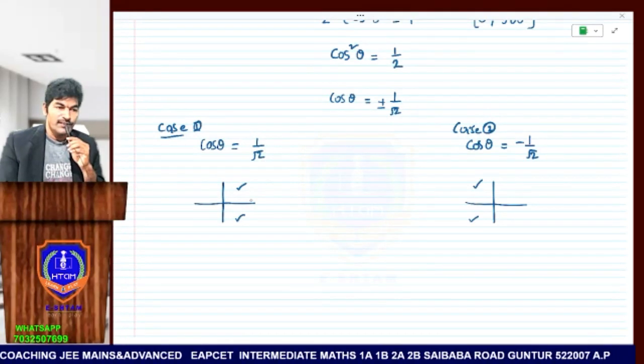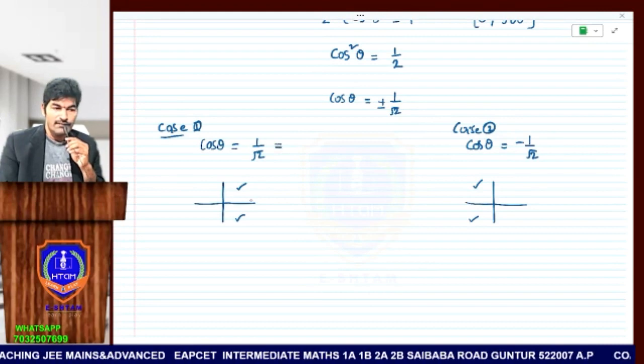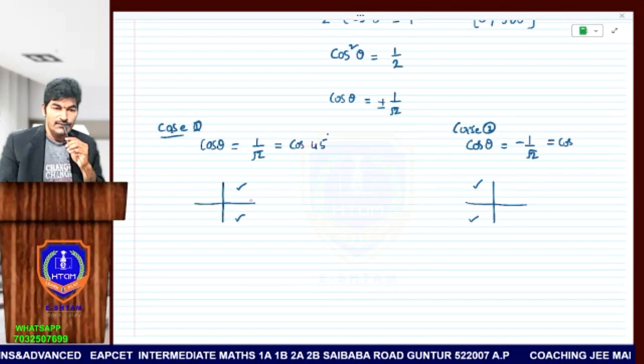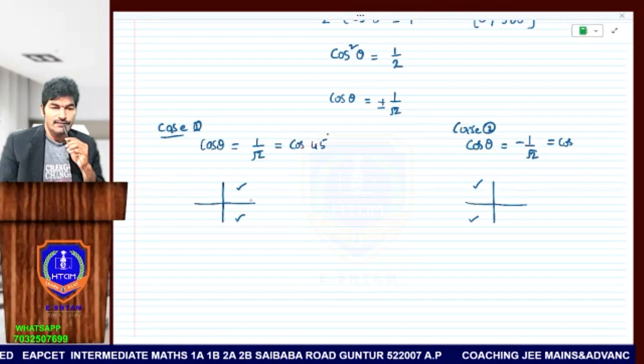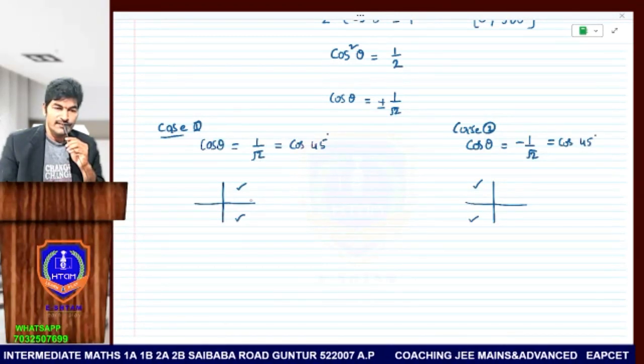Understood? Particularly, cos theta will be positive 1 by root 2 for the case of 45 degrees. And for negative 1 by root 2, it will be 135 degrees. Cos theta will be directly pi minus theta. Take 1 by root 2 as 45 degrees, we fixed that.